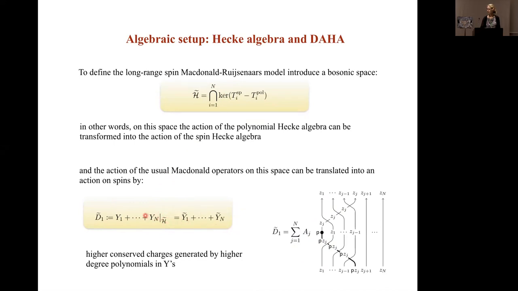So you see that now, if these Y's were containing only polynomial Hecke generators, this one contains also the spin generators. So now we have a spin model, and also there are higher conserved quantities which involve the symmetric sums of powers of Y's.